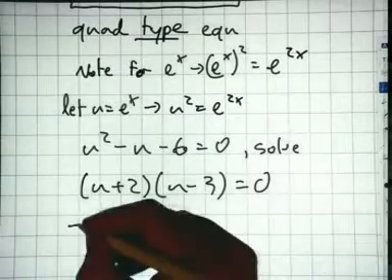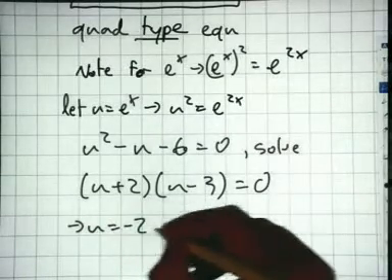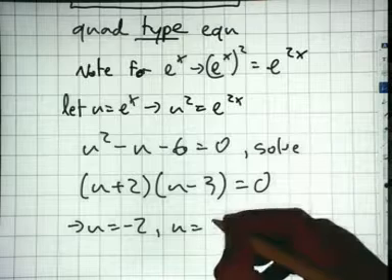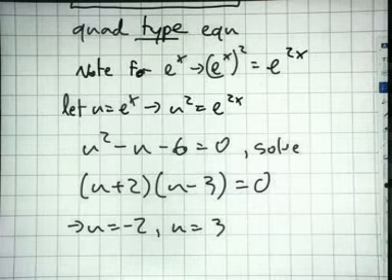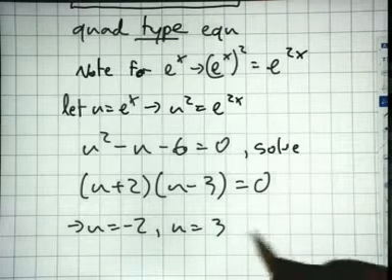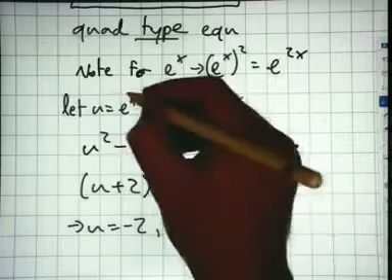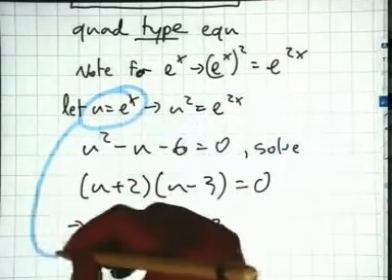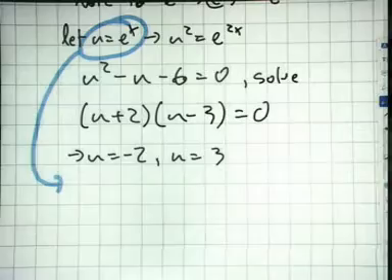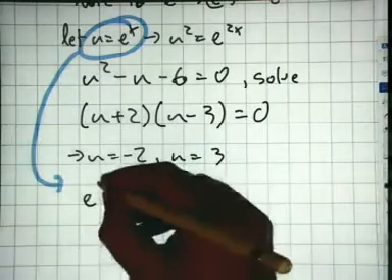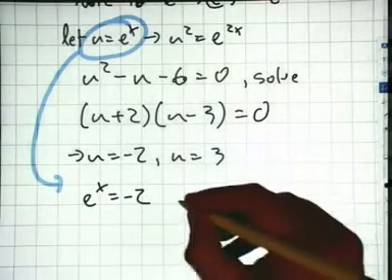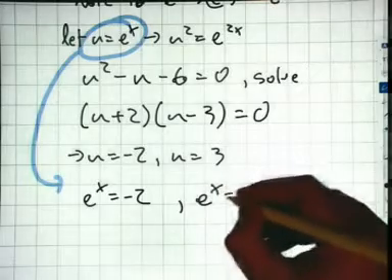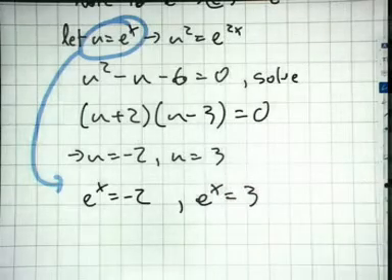Which then means that u is equal to -2 and u is equal to +3. But we don't care about u. We want to know what x is. So this means that we now have e to the x is equal to -2 and e to the x is equal to +3.